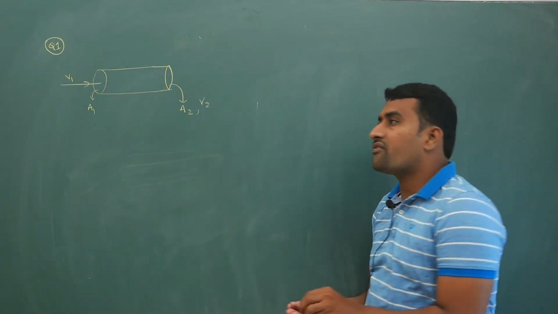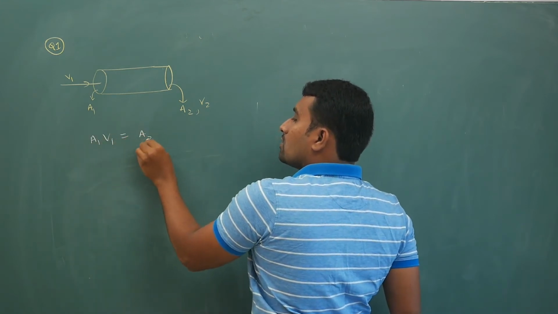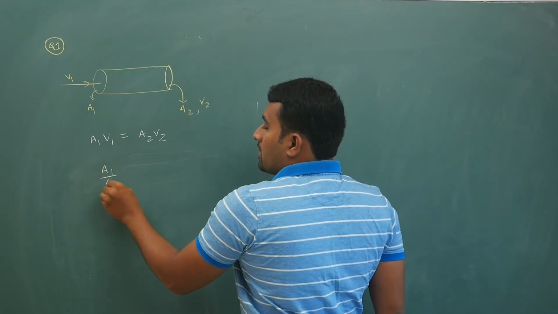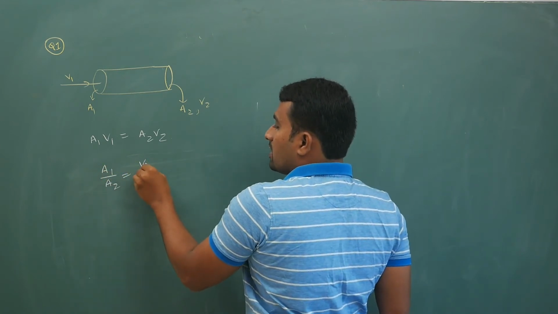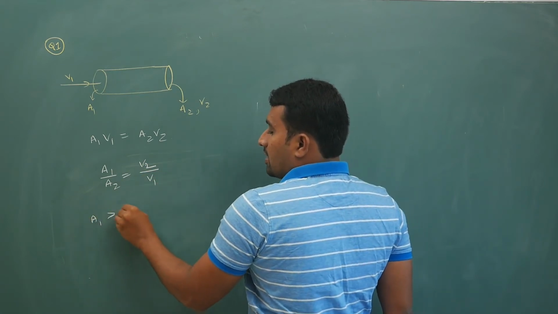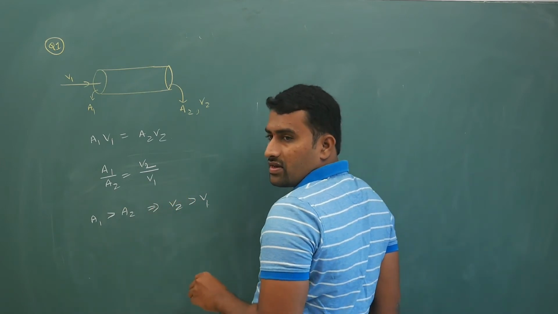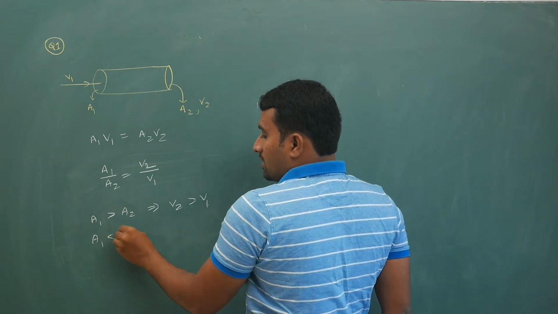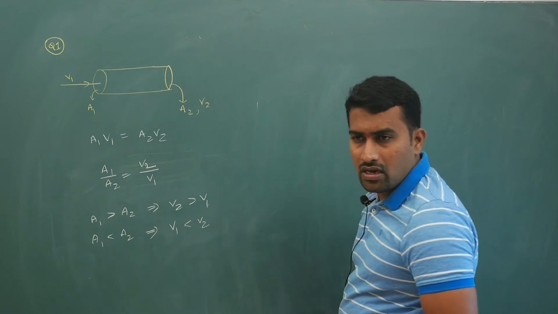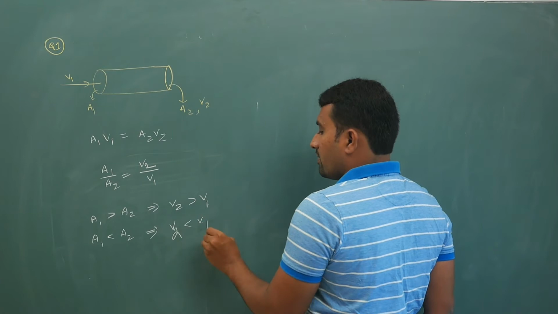Because we know from the equation of continuity that A1 V1 is equal to A2 V2, A1 by A2 is equal to V2 by V1. So if A1 is greater than A2, the answer is V2 greater than V1. If A1 is less than A2, then V2 is less than V1.